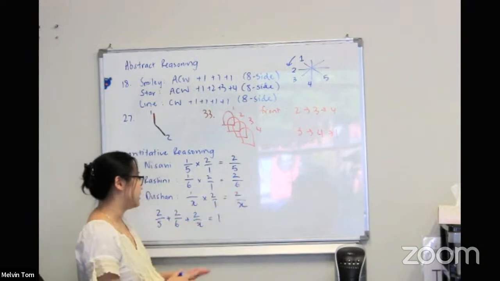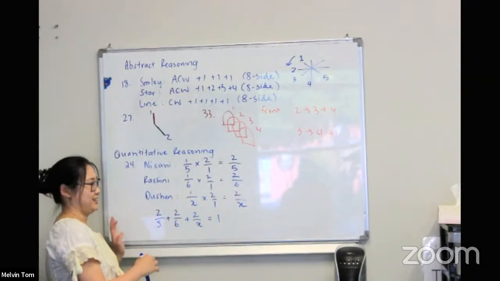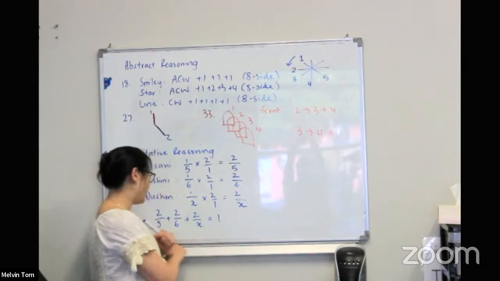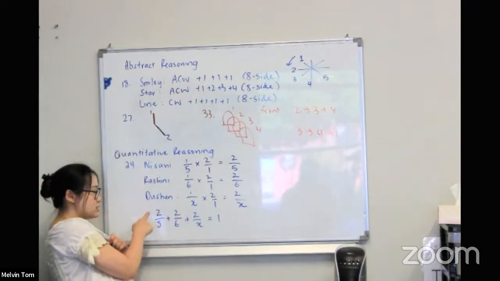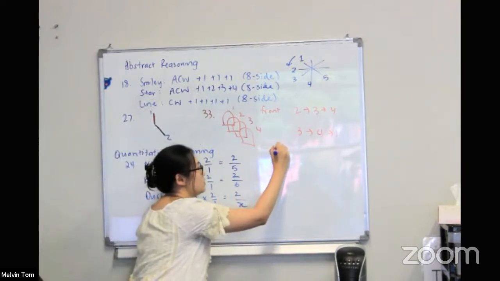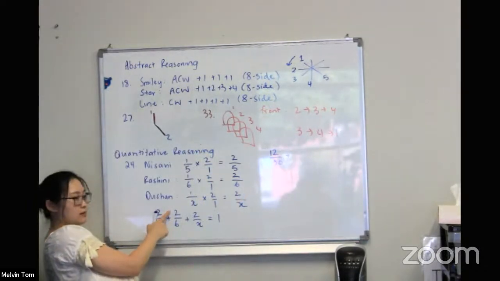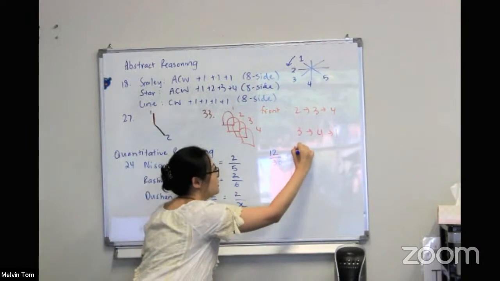So for 2 over 5, what's the common multiple between 5 and 6? 30. So what do you multiply 2 by? 6. So 6 times 2 is 12 over 30, plus 2 times 5 is 10 over 30.